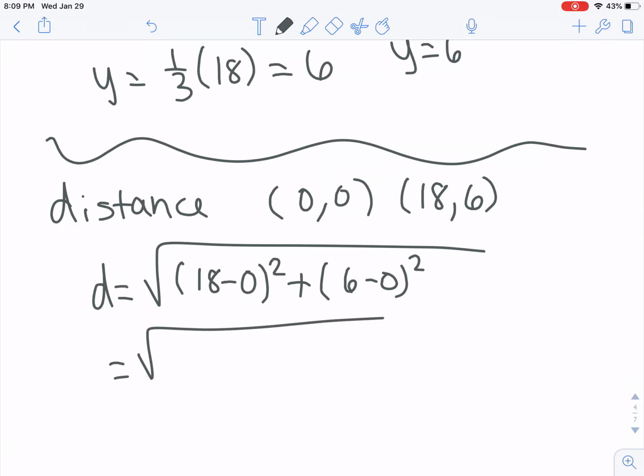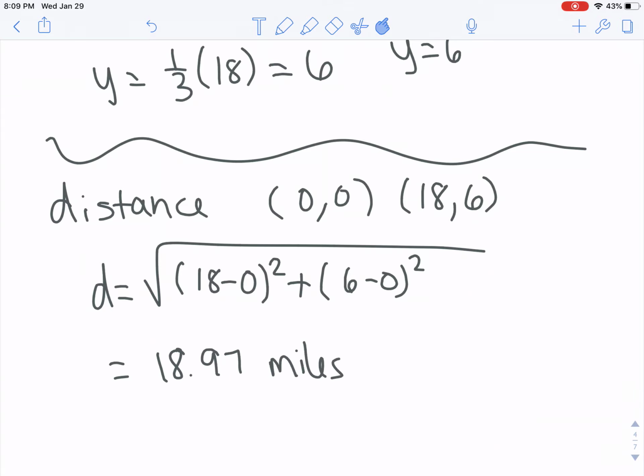Well, 18 squared, this whole thing ends up being, I'm not going to go through and do that because I don't have a calculator here, and I don't want to do 18 squared. So I'm just going to type it into Desmos. And when I typed it into Desmos, I got 18.97 miles.